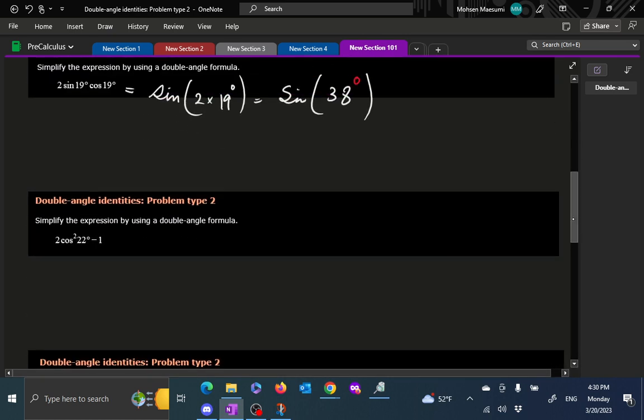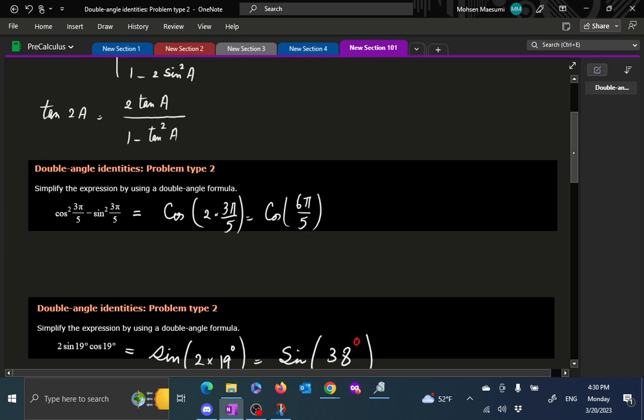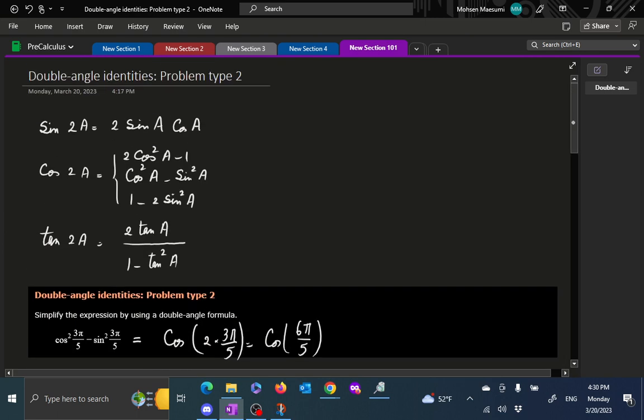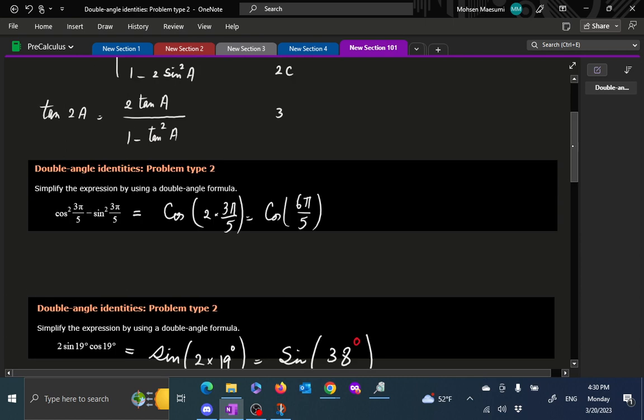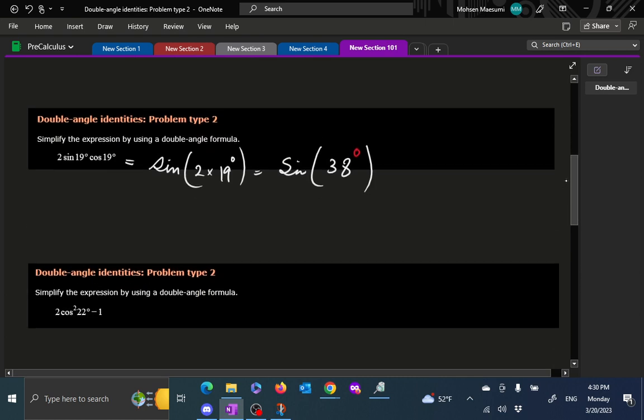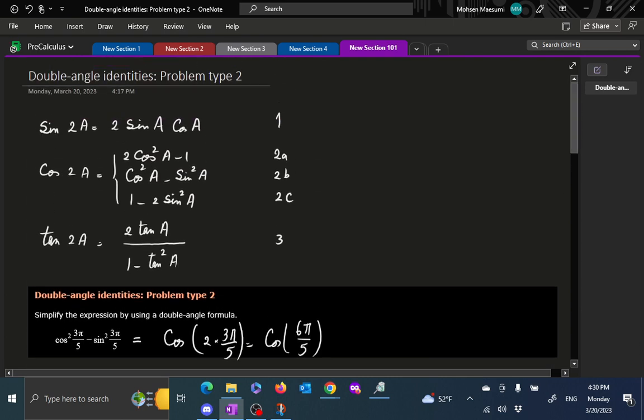2 cosine square of 22 degrees minus 1. What is that? Let's call the first formula 1, then 2a, 2b, maybe 2c, and this is formula 3. So what we have over there is 2 cosine square minus 1. That is formula type 2a.